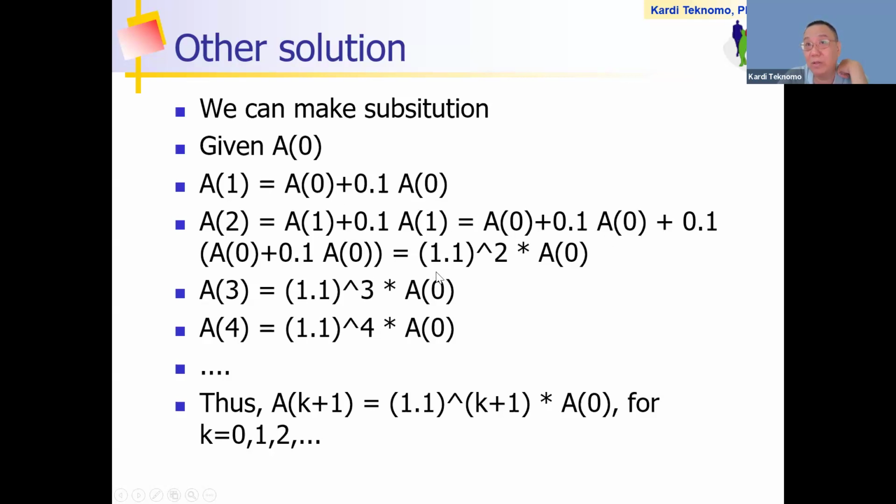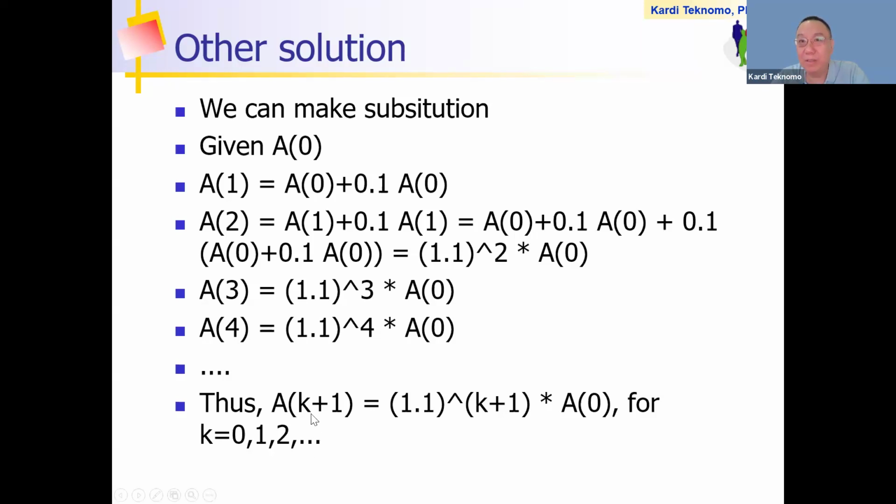Everything becomes A0, and then you simplify, becoming 1.1 exponent 2 times A0, and so on. If you do the same simplification, eventually you will get the formula that A(k+1) equals 1.1 exponent (k+1) times A0. Is this too much for you, or is it okay? This is just the derivation.